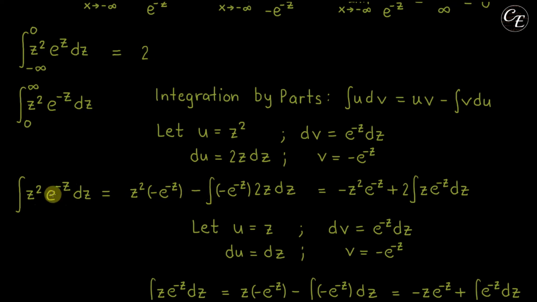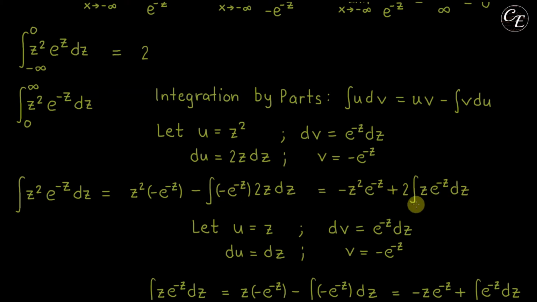Please take note that we ignored temporarily the limits in order to simplify our evaluation. Now from here, we can move this negative to the left side. We have e raised to negative z, and we have here minus and negative, which is plus. Then we can move this constant outside of this integral, so we have these two. Then we can move this z before e raised to negative z, which is this one.